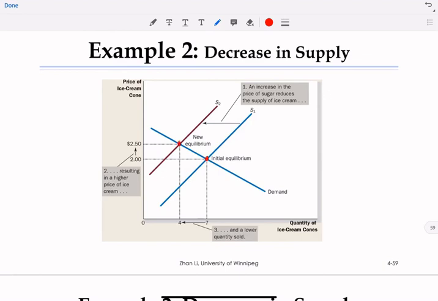And we can see that we will have a higher price at $2.5, and the equilibrium quantity will decrease by 3 units, right? So basically in this case, due to the decrease in supply, the equilibrium quantity will be lower and the equilibrium price will be higher.